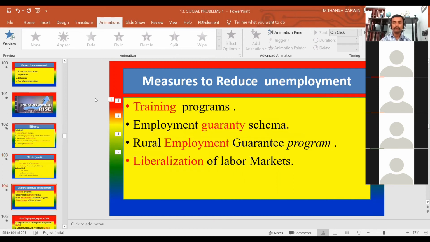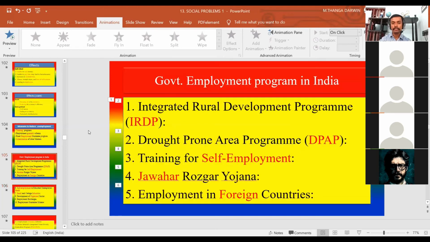Then measures to reduce unemployment. First measure, training. Then schemes the government should implement. Then employment guarantee programs and liberalization in the labor market. The government allowed employees everywhere in India, all over the world, to search for jobs to eradicate unemployment.